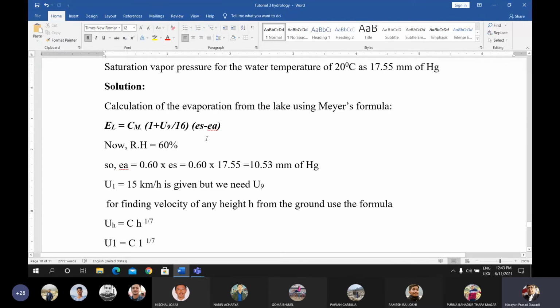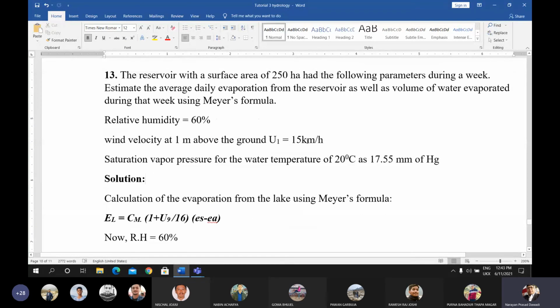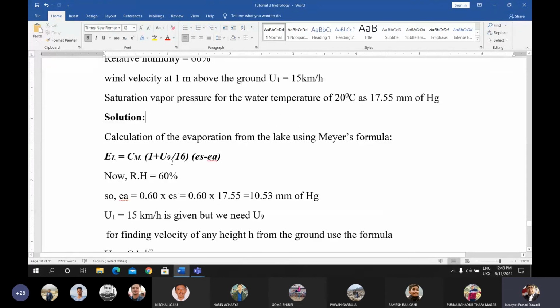And we have to find the wind speed 9 meter above the ground surface. In the question, wind speed is given as 1 meter above the ground surface, but in the formula, we need the wind speed at 9 meter above the ground surface.